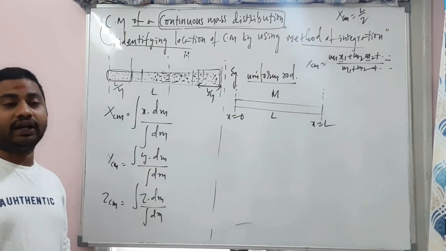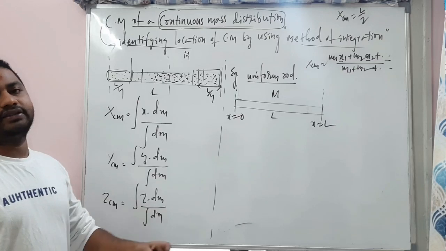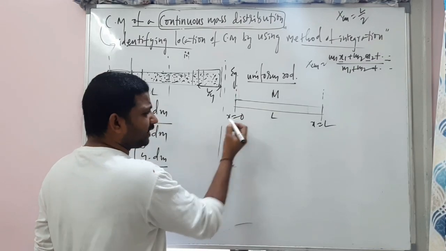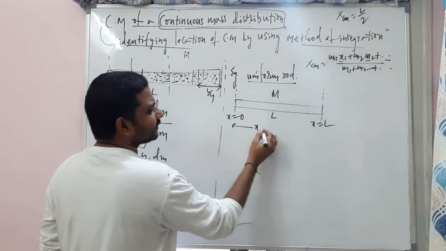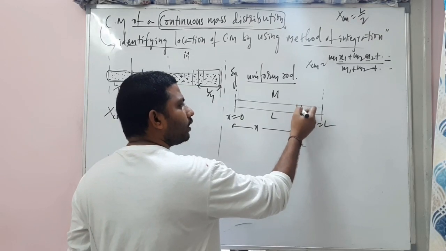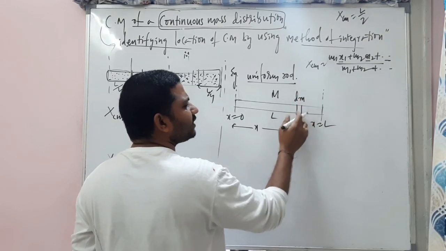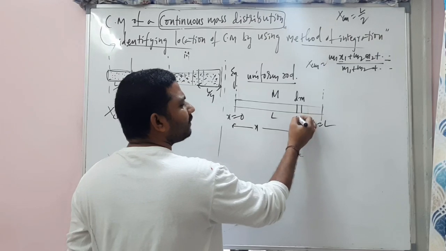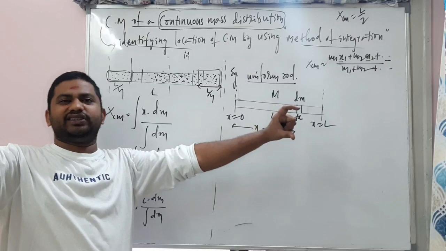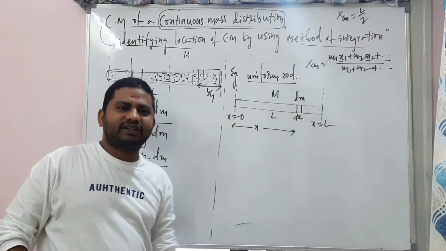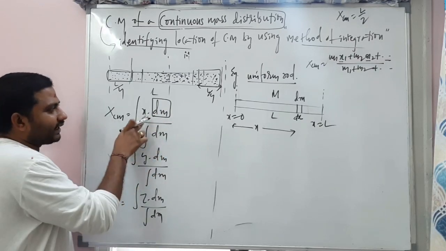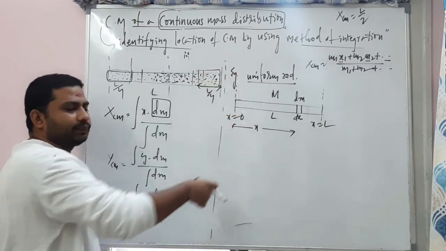Step by step, we have to go. The first step, listen. From here, at a distance x, carefully see, a small elemental mass dm is considered whose elemental length is dx. The total mass of the rod is M. A small mass dm is considered at a distance x from the initial point, the origin.